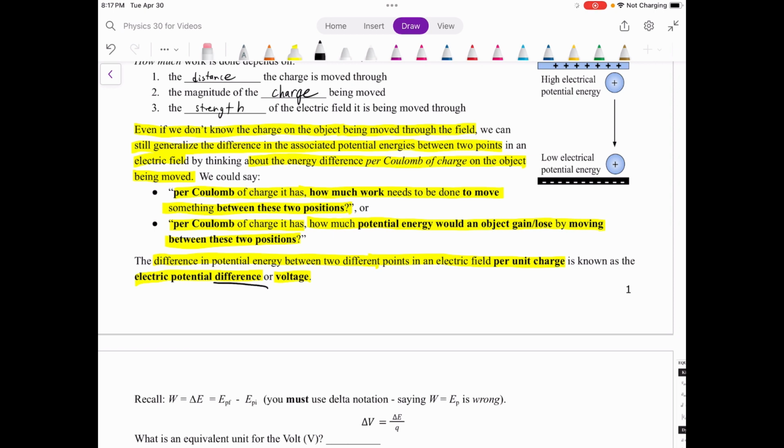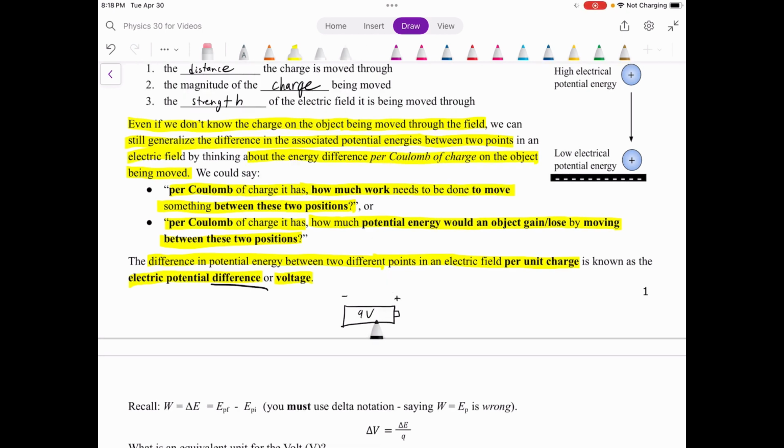So when you see that, for example, a battery is 9 volts, you've got a 9-volt battery. This is a bit of an oversimplification, but it's the basic idea. Batteries essentially have a negative terminal and a positive terminal. Negative electrons are stored, and they want to get away from the negative terminal. They want to move towards the positive terminal.